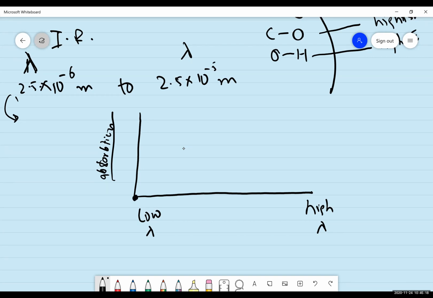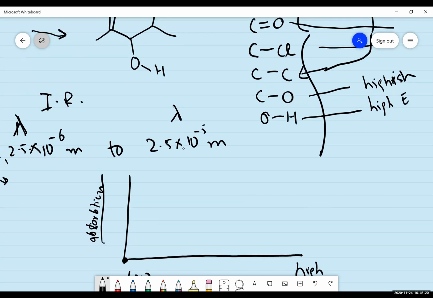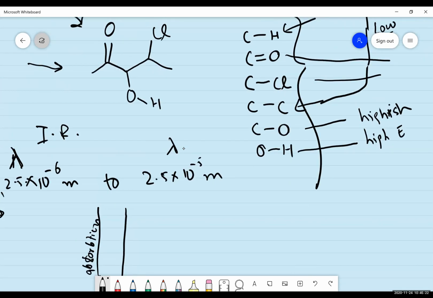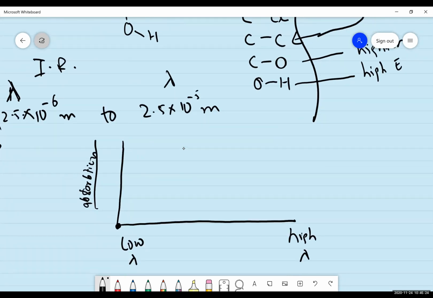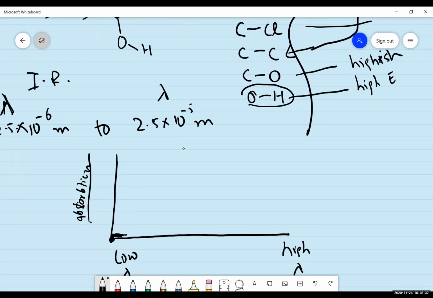So maybe at this level, none of the bonds will absorb because these values are quite specific. So we won't see any absorption, right? And then at a certain level, OH will absorb.